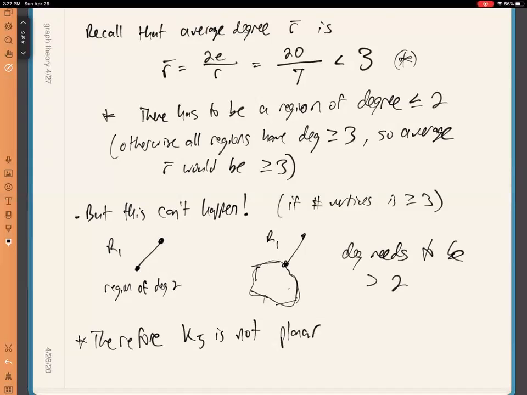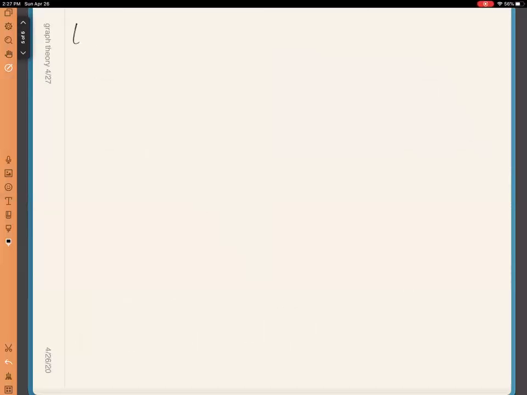Okay, and so that's the proof of part 1. Let me also do the proof of part 2, which is very similar. So now let's prove part 2 of the theorem. Remember here, we wanted to show that the complete bipartite graph K33 is not planar, right? And so remember, what does this look like?